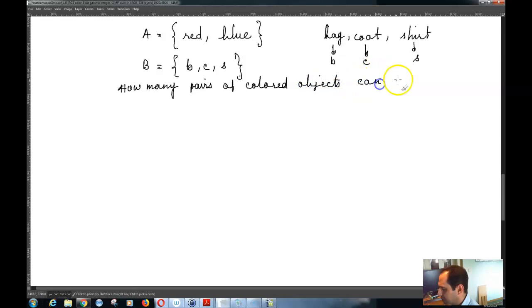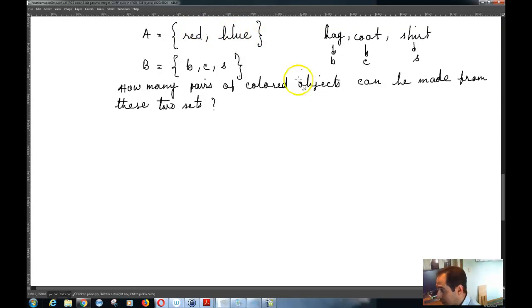The answer is based on something called, I don't remember the name there either, something along the lines of the fundamental rule of multiplication.